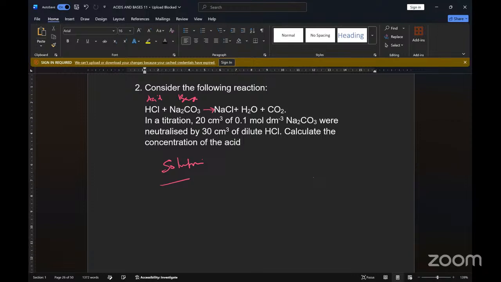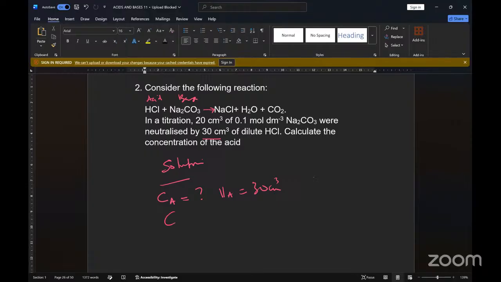You can say the concentration of the acid, HCl, you look there, it is not given, it's unknown. The volume of the acid were neutralized by this dilute acid. So this is 30 centimeters cube.